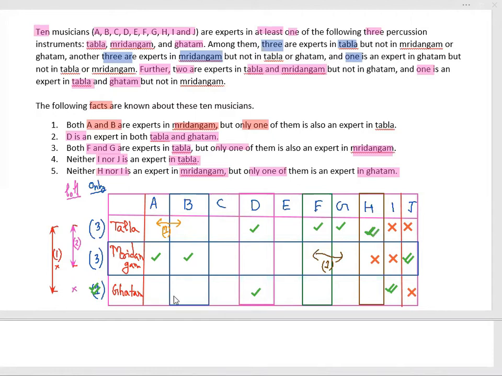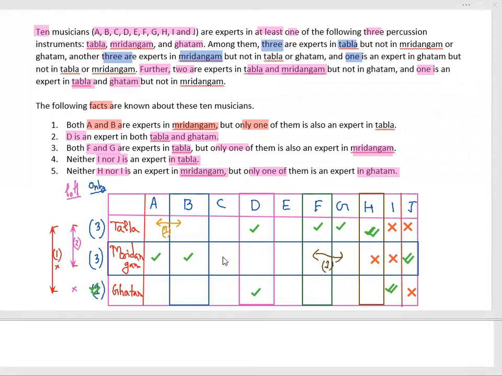Now for the rest of the others, here a single tick in mridangam means AB mridangam is there. One of them would be a double tick, that means only mridangam. So here only one of them should be only mridangam. This is only mridangam. This is not only mridangam. This is tabla and mridangam, any one of it.